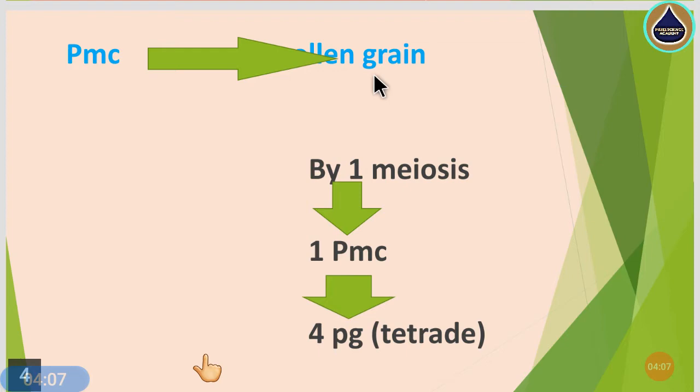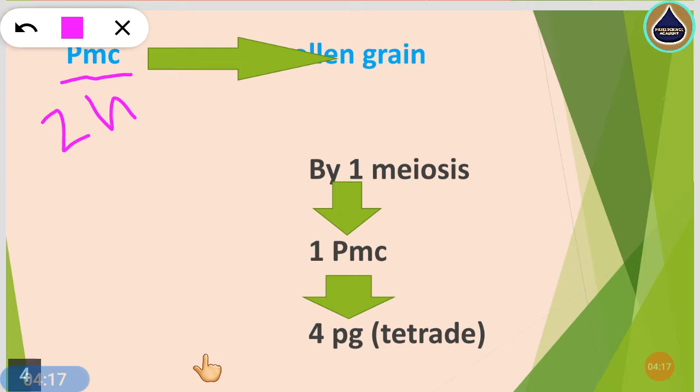This pollen mother cell, PMC, which is 2n and has the double number of chromosomes, goes for meiotic cell division, and by meiosis the pollen mother cell converts into pollen grains.